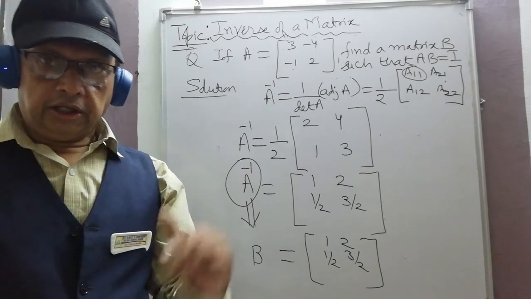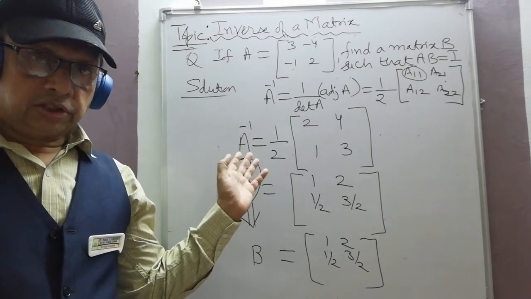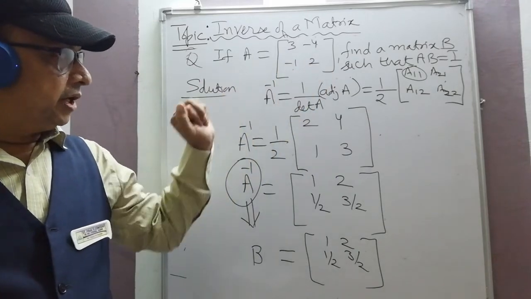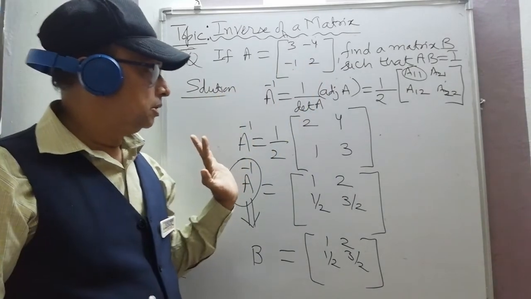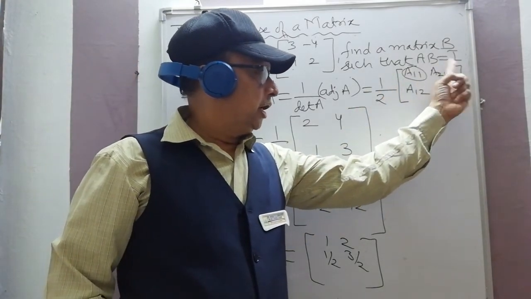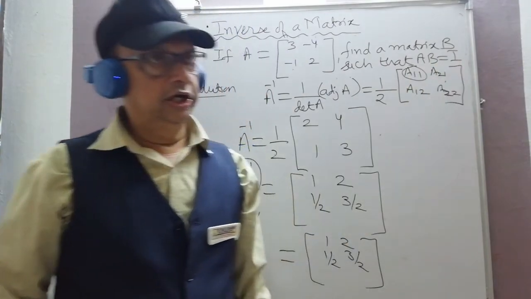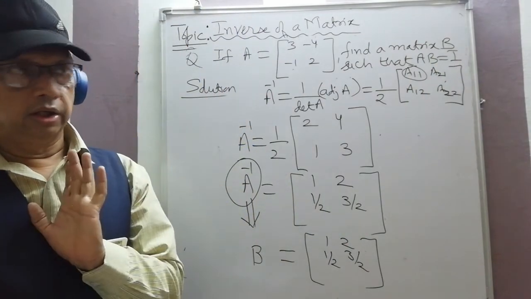Is it clear? In this way, we have used the inverse to find a matrix. And under what condition given? AB is equal to the identity matrix. That is, the product of these two is the identity, that is 1.